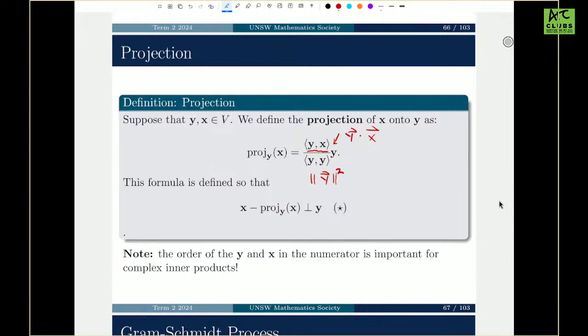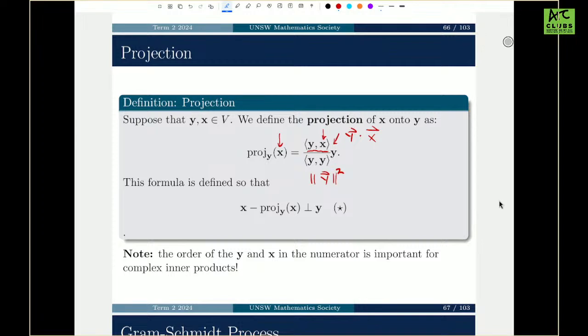In general, the vector that you're projecting onto something, the input here, the x, must go on the right side of this inner product. Otherwise it's not going to be correct. You can only switch them around if they're real valued, but if they're complex valued, it gets a bit yucky.